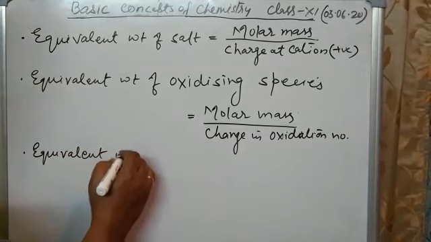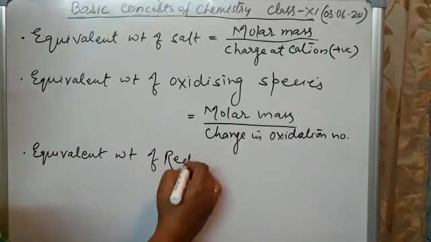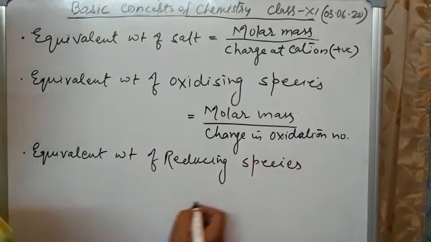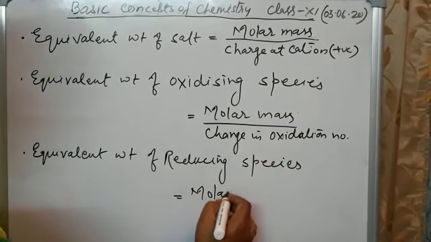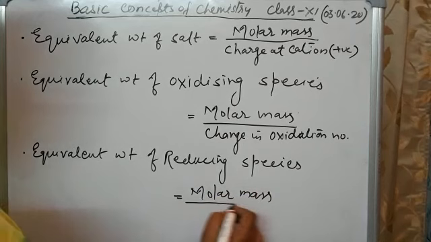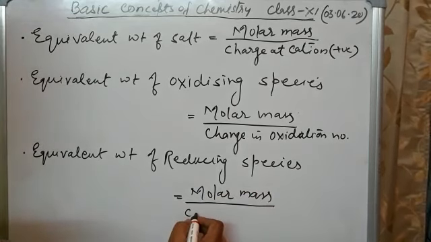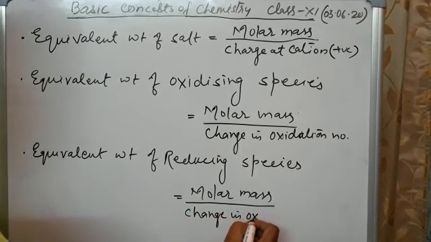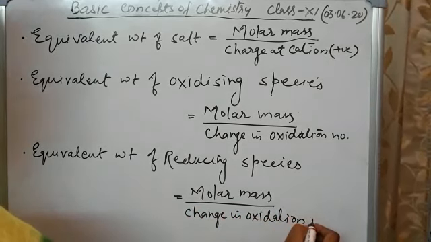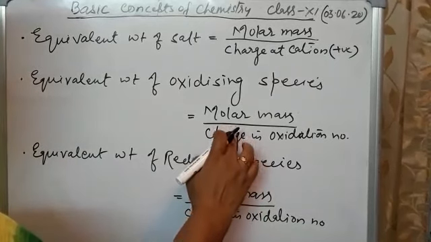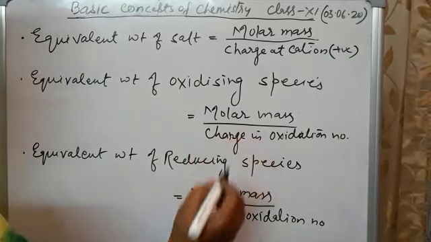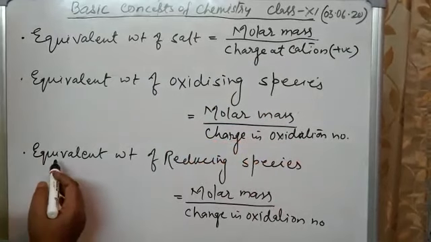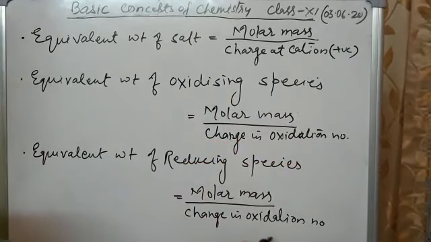Equivalent weight of reducing species equals molar mass by change in oxidation number.